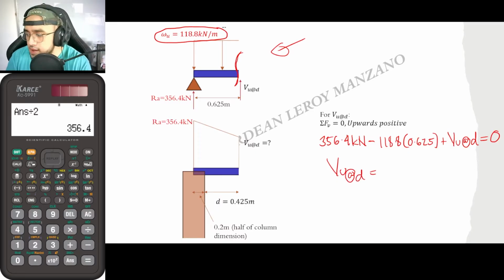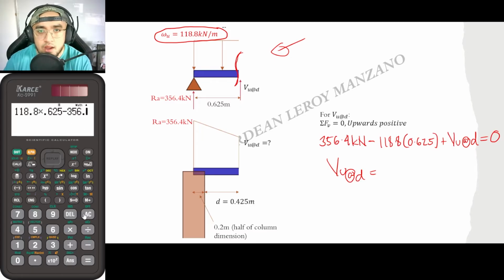Solving for the value of Vu at d, looking at the calculator to your left, that is 118.8 times 0.625 minus 356.4, or you can actually use the shift solve method here. My answer is negative 282.15.